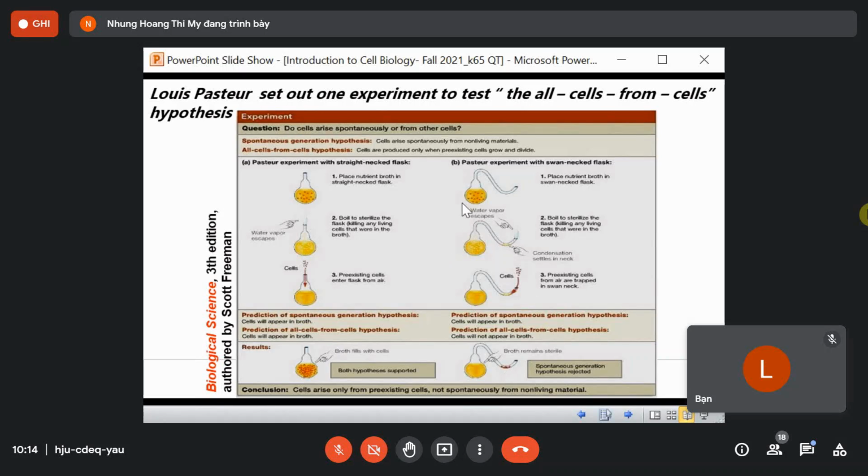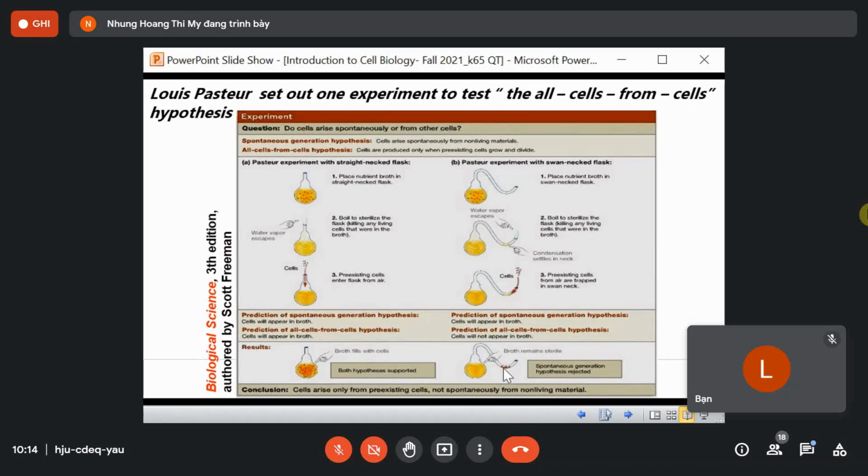When they heated the bottle, the water vapor came and was trapped at this part of the neck. So the microbes from the air will also be kept here in this part.